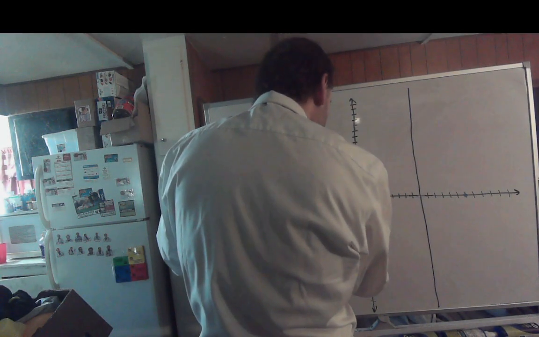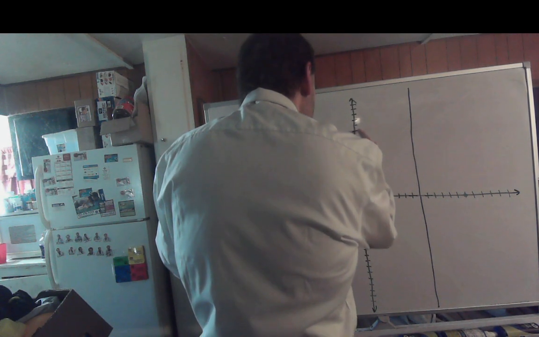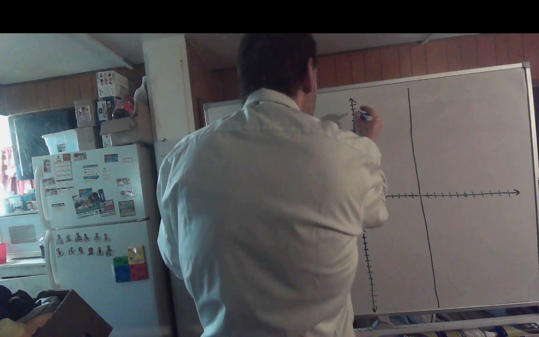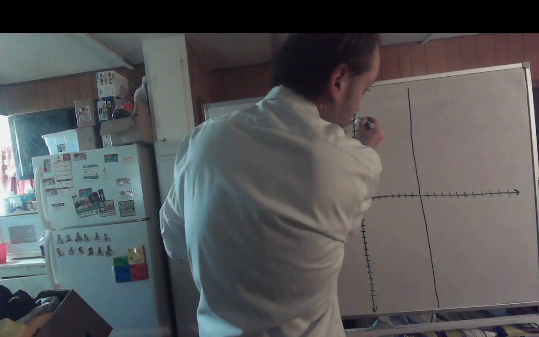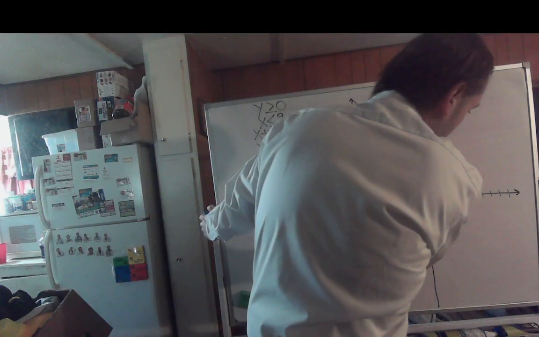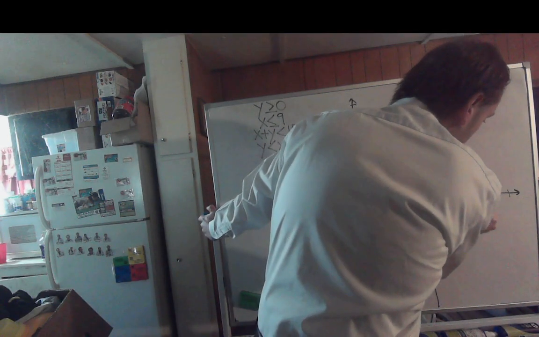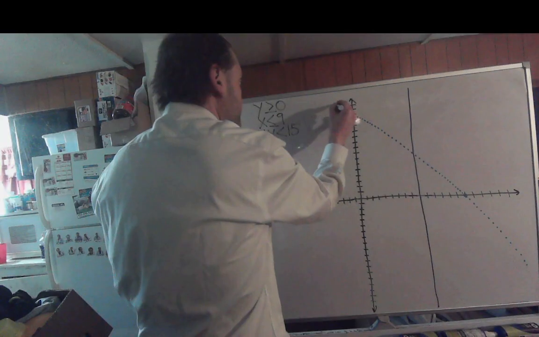Your y-intercept would be at 0, 15. There's 0, 15. Now just draw your dotted line between these 2 points and actually through them, because there's no equality, meaning nothing on this line will be part of your solutions.